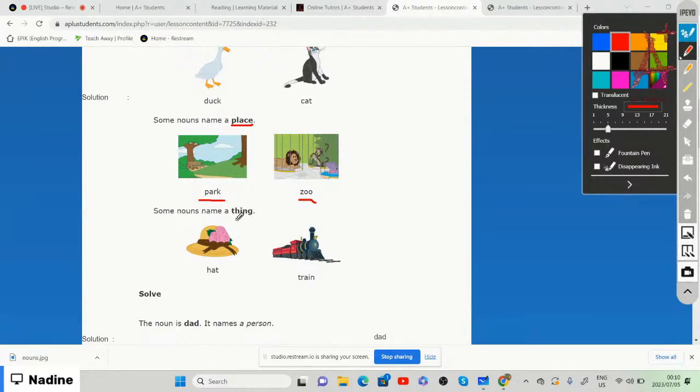Then some nouns also name a thing, right? Like, for example, a hat, a train, a car, a ball. So these are all the things that are being named.